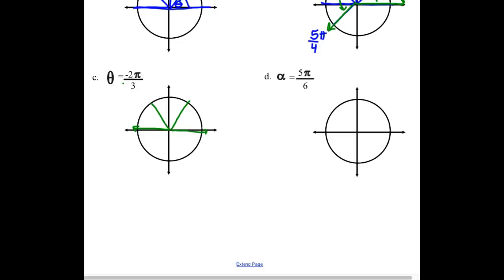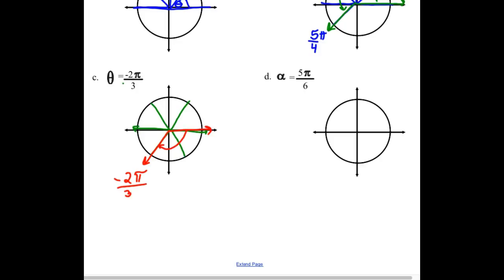So think of splitting the bottom half. So we are starting at the x-axis. We're going to go negative, so clockwise rotation down to the second marking. Yes? So that angle would be negative 2 pi over 3.